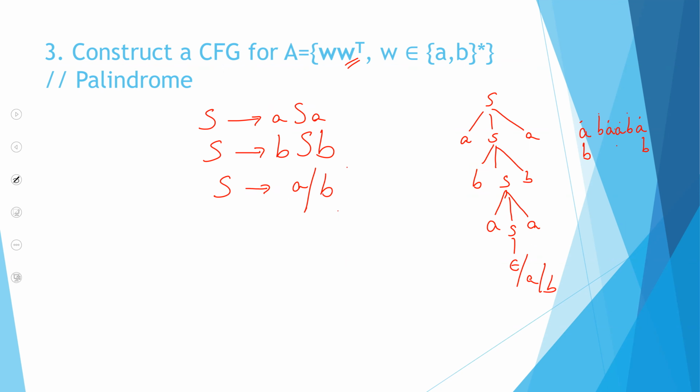If it starts with A, it ends with A, and then you have a B, B is B. See, you should not be having anything over here. This should not give birth to an A or B, because the moment it gives birth to an A or B, it goes into an odd length palindrome. So epsilon proved.